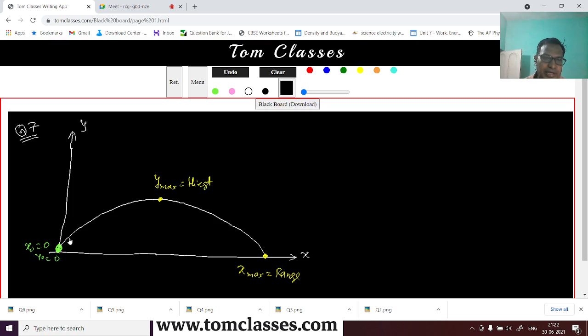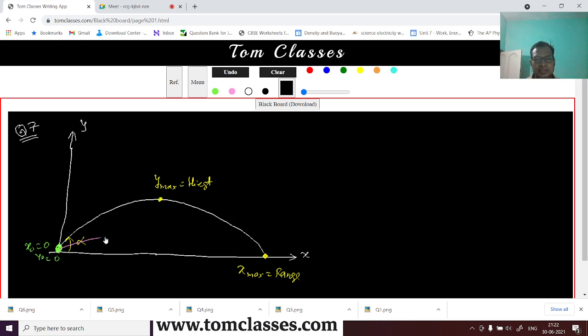Okay, and this is for some angle alpha between 0 and 90 degrees. Then for the other angle, like we know that the range is the same for 90 minus alpha. So if I take the other angle as 90 minus alpha, for that also the range is going to be the same.